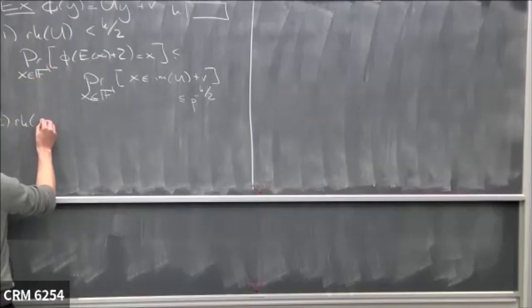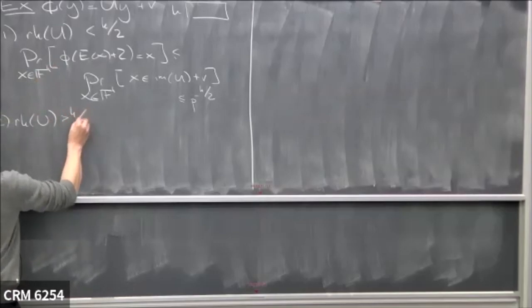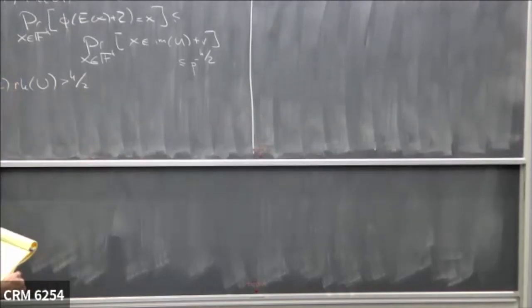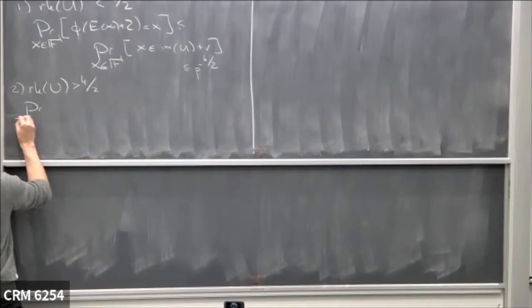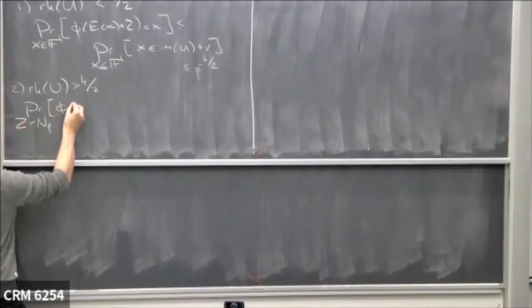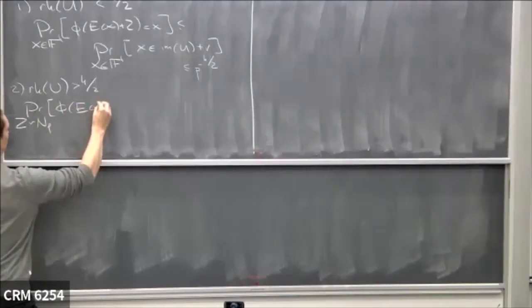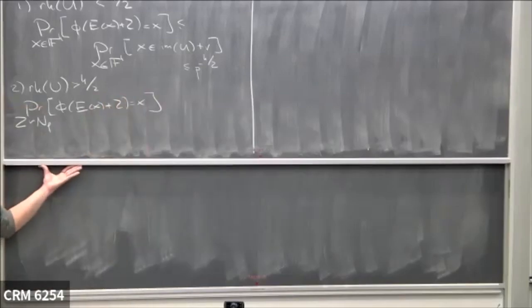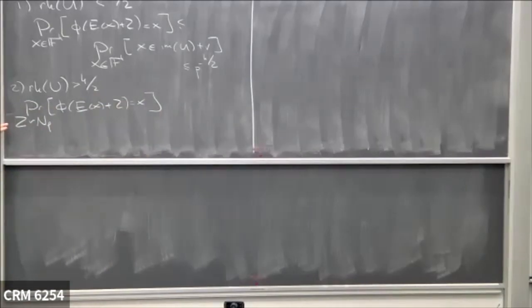Okay, so to continue the case analysis, if the rank of U is big, which is more like the quasi-random case, at least n over 2, you can do the following. Suppose we consider only the noise and the event that we wish to bound. What's useful is to think about what this noise vector looks like.